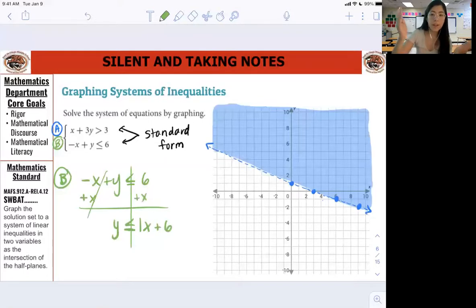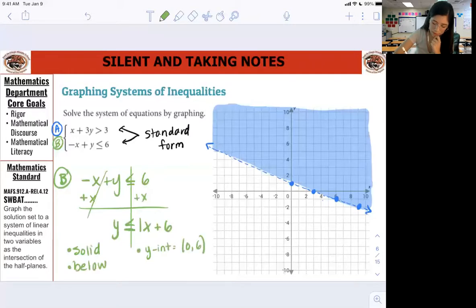All right, what do I know about this graph? Shout it out. It's solid. Good. And it's shaded below. Beautiful. What else? The y-intercept is 6. Good, so (0, 6).